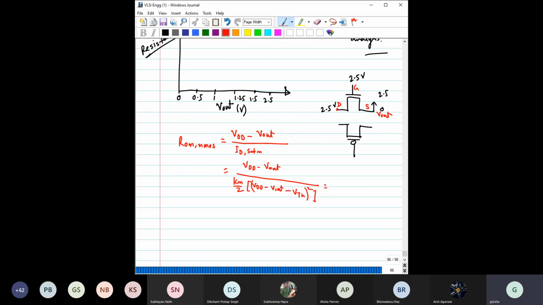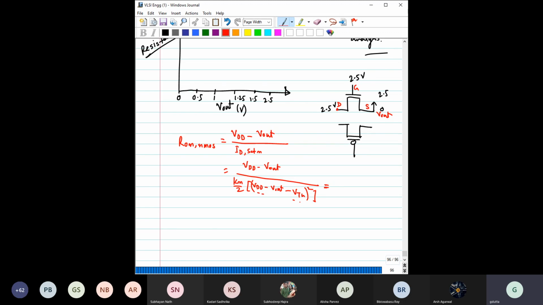If VDD minus V out is quite a bit higher than the threshold voltage, then you can do a small approximation. I have done this approximation just to check whether I get a plot similar to the one given in the book.